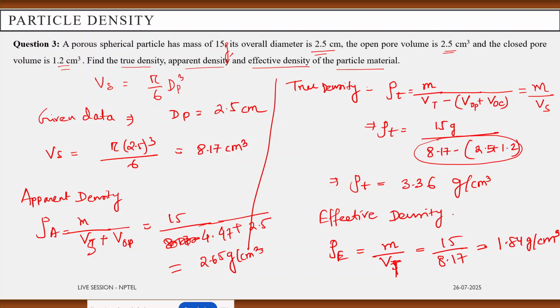So I hope this calculation is easier to understand. At first we calculate the volume of the sphere, that will be the effective volume. But for calculating the true density, we have to subtract this open pore volume and the closed pore volume so that we get the true density.